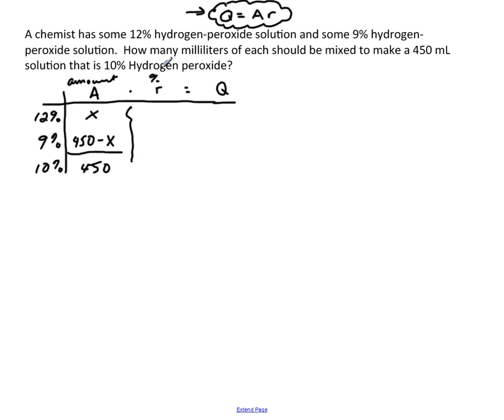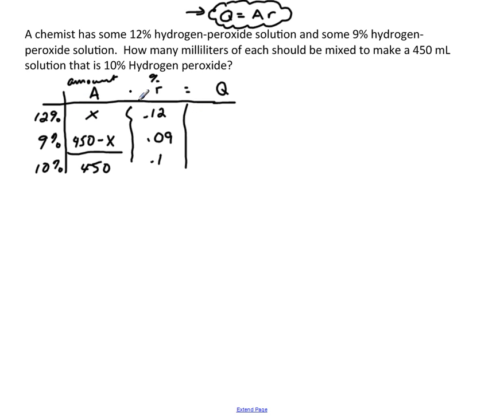For our percentage part of the concentration, our values for R, we have to put the decimal form of each of these values. Of course, 12% is 0.12, 9% is 0.09, and 10% is 0.1. So what do we do? Well, we're going to multiply across.